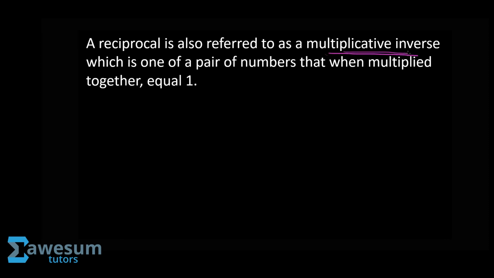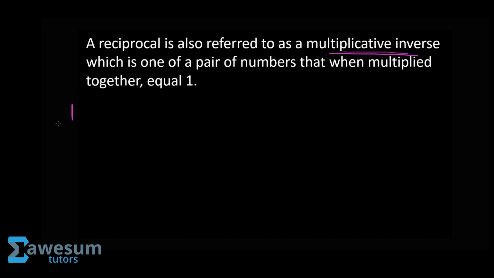A multiplicative inverse is one of a pair of numbers that when multiplied together equals 1. What is this talking about? This is saying that when we multiply a number by its reciprocal, we get 1.